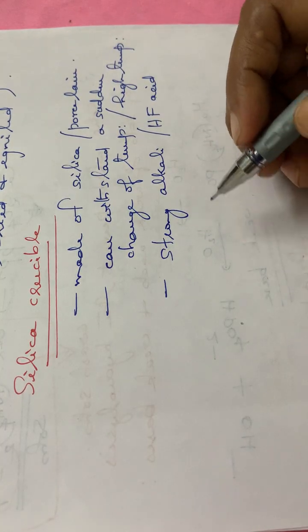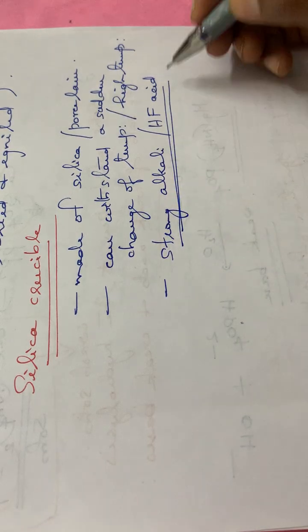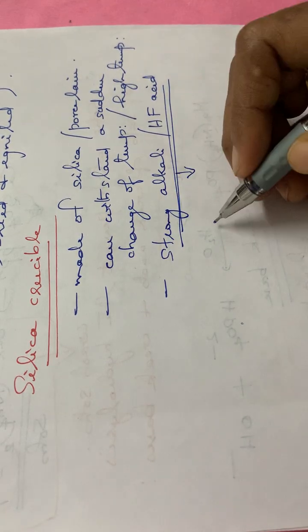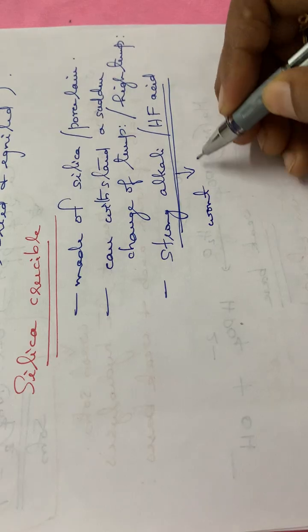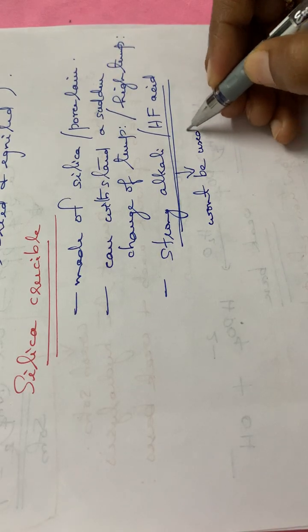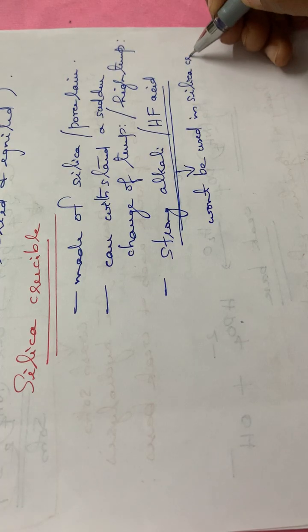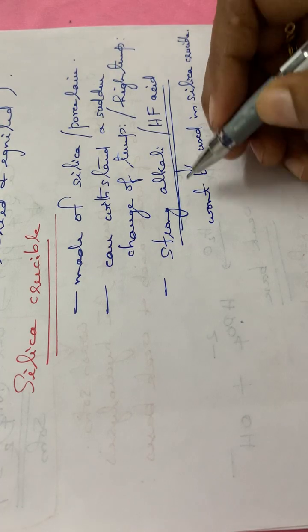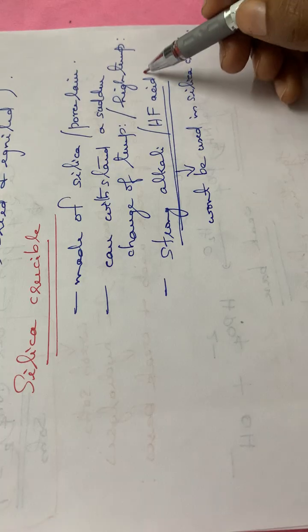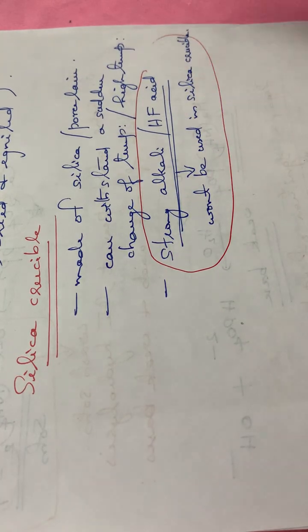So these types of chemical substances will not be used in a silica crucible. Strong alkali or hydrofluoric acid should be avoided.